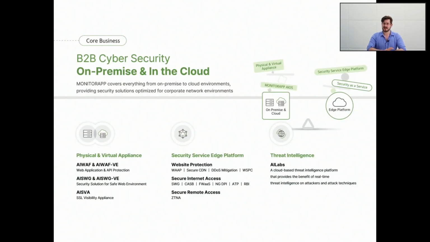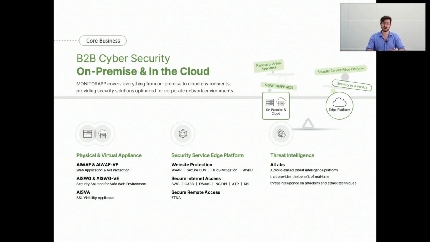We are a B2B cybersecurity company that has both on-premises and in the cloud solutions that include website protection, secure internet access, and secure remote access, all designed around the zero trust network principles.